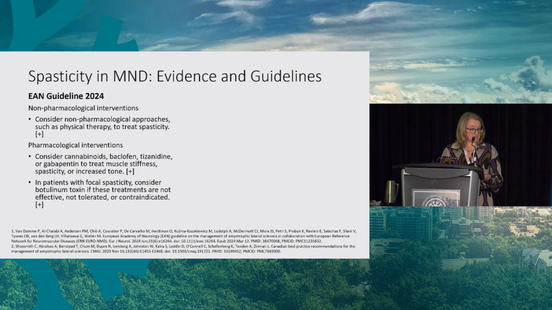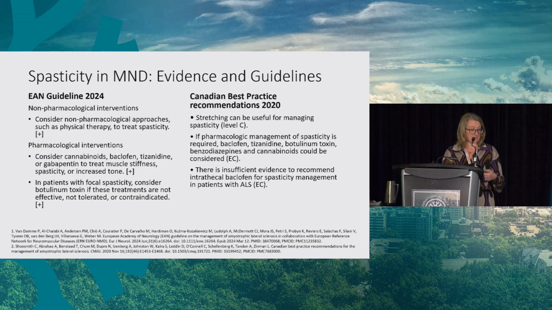But then you can use pharmacological interventions, so cannabinoids, baclofen, things like that, and botulinum toxin if needed. And the Canadian best practice guidelines, since this is where we are, are also very recent, with similar recommendations: you can use stretching, but with a low level of evidence. There is maybe a consensus around using the pharmacological interventions, and there isn't sufficient evidence for using things like intrathecal baclofen currently.